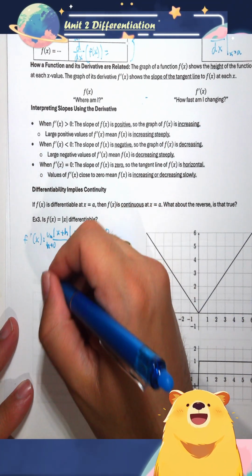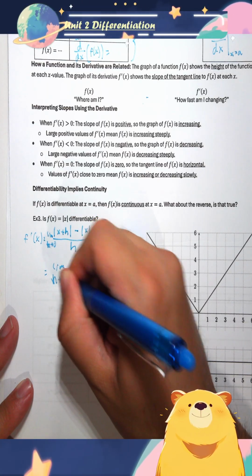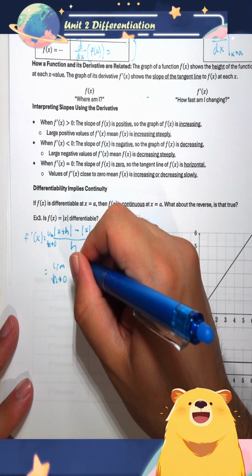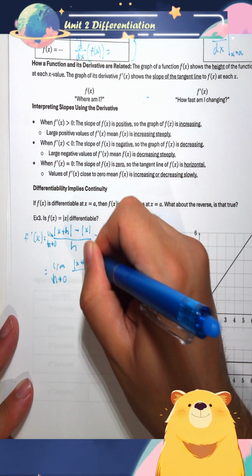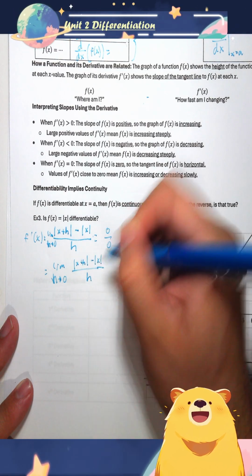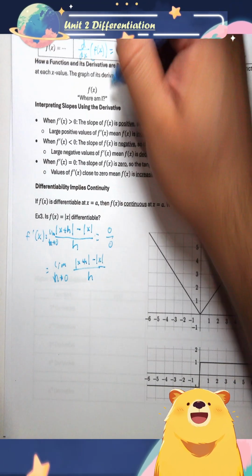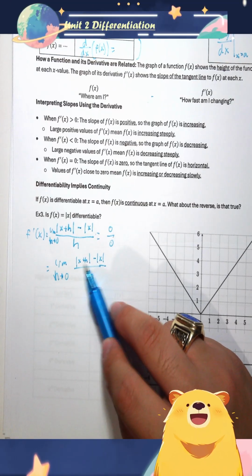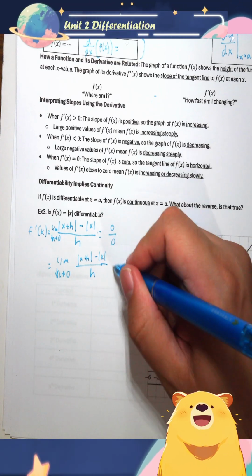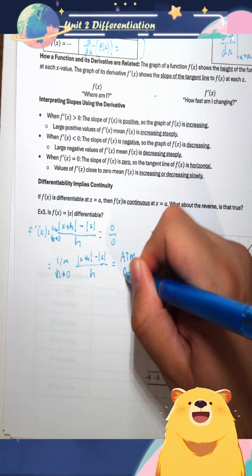For example, we know that we can factor out that absolute value of x, but that does affect how h is occurring within this absolute value. So at the moment, here we have basically a dead end.